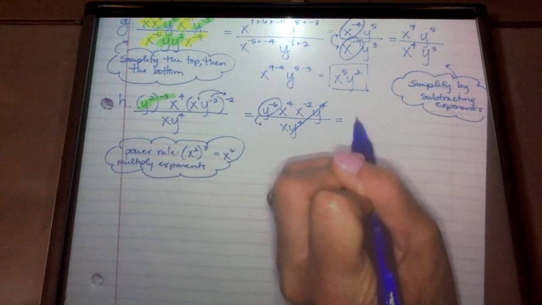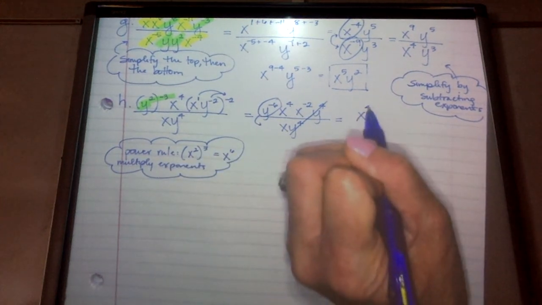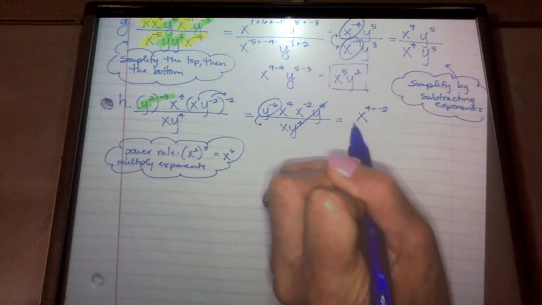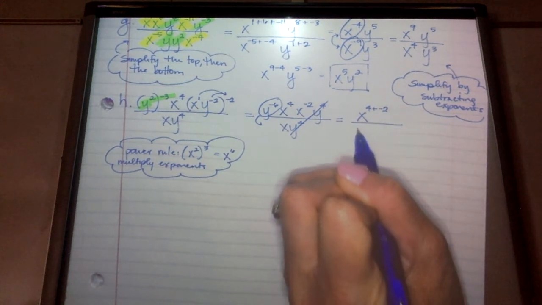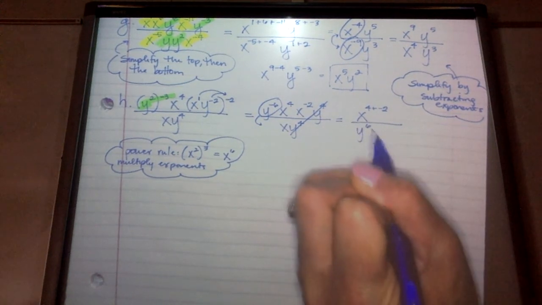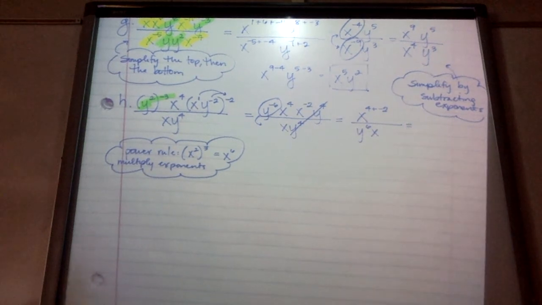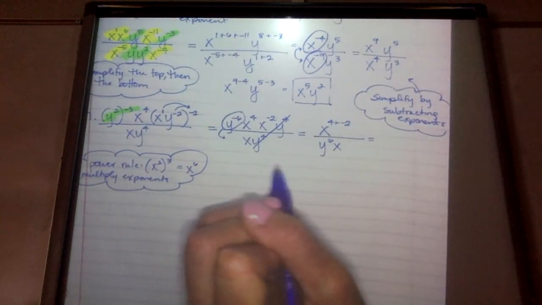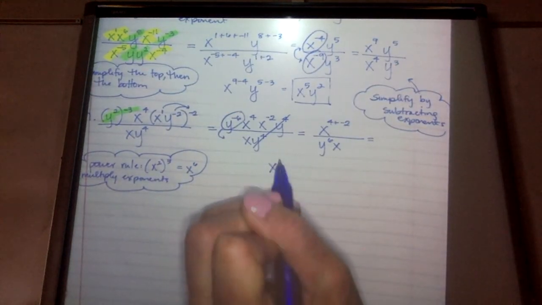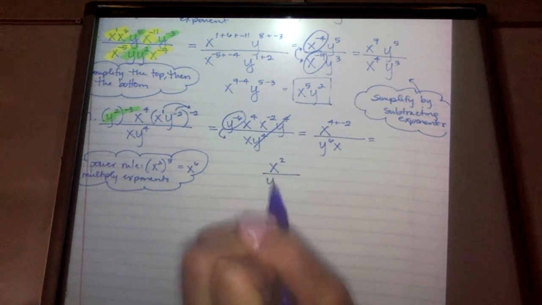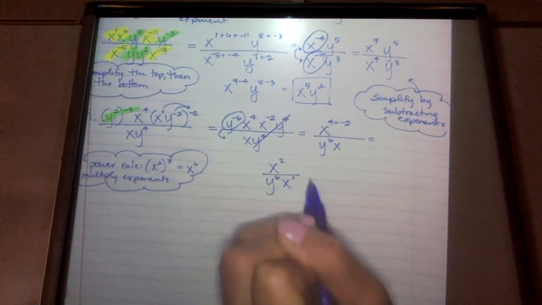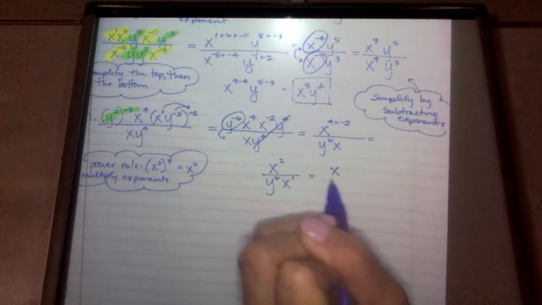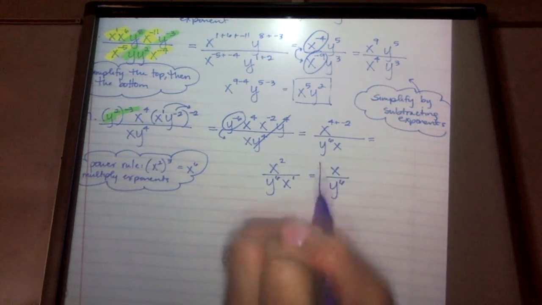So I have x to the 4 plus -2 over y to the 6th, x. Okay? That's all I have left. So that gives me x squared over y to the 6th, x to the 1st. So that leaves me with x over y to the 6th.